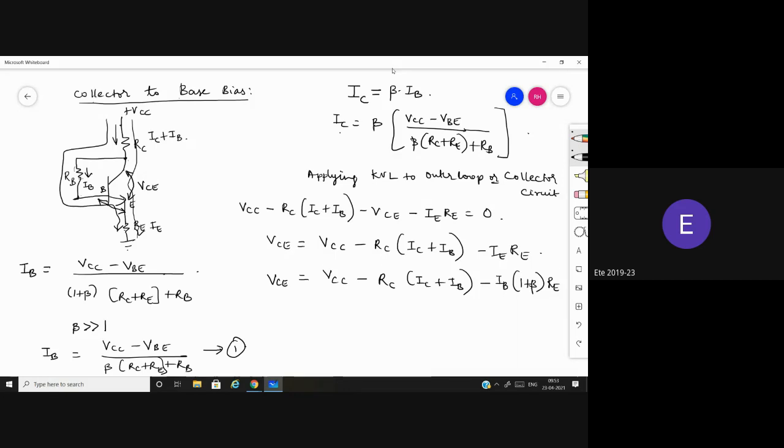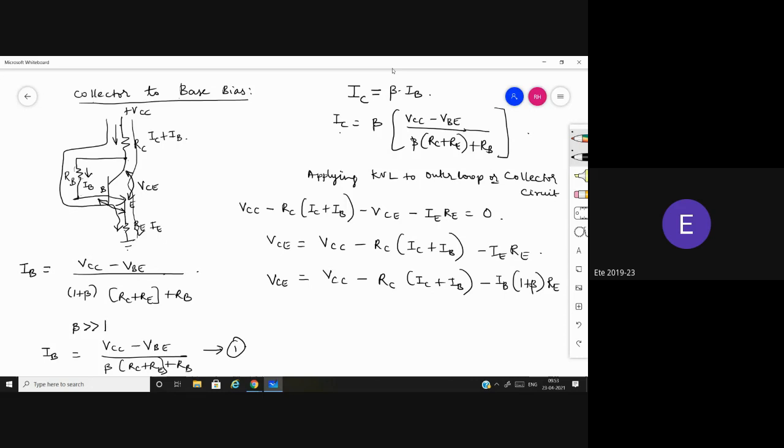So with respect to this, again we have the drawbacks with respect to the collector to base bias. Whenever we connect collector and base directly, usually the gain is going to reduce. That is one of the drawbacks compared to other circuits.